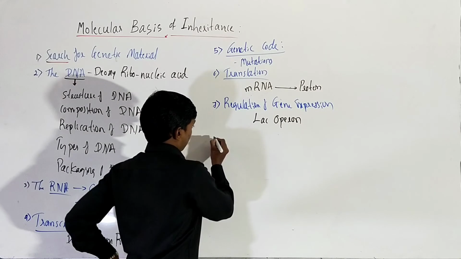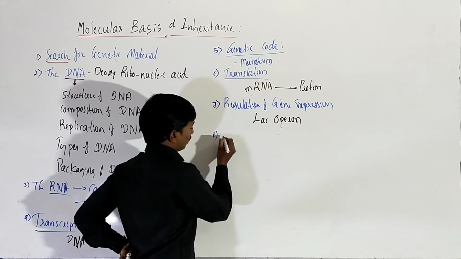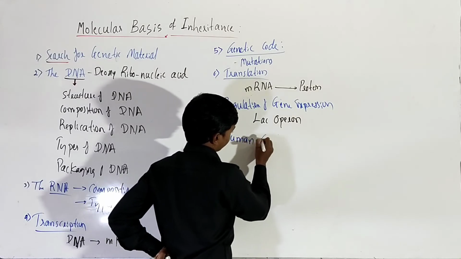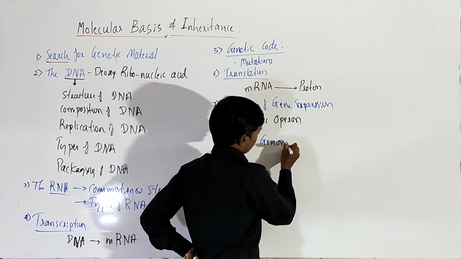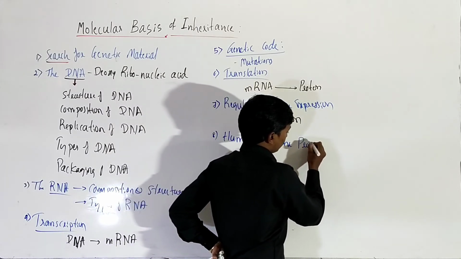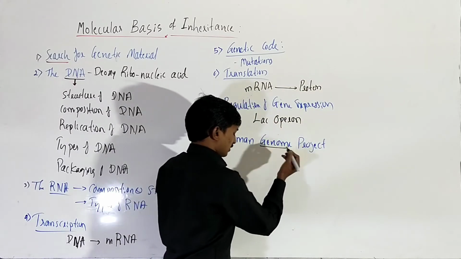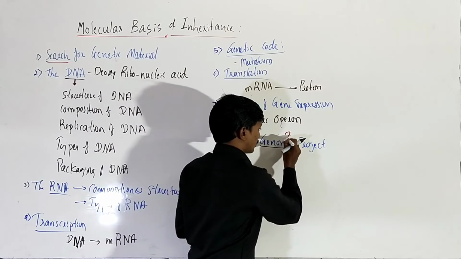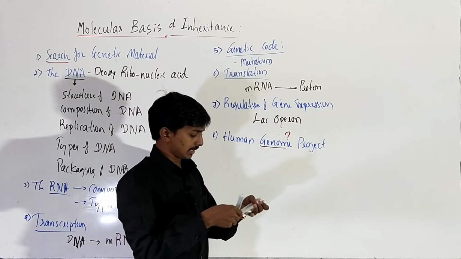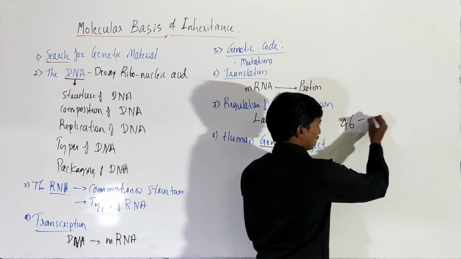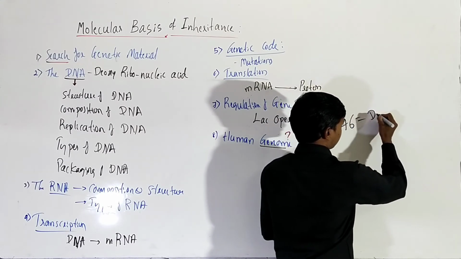And another important concept is the Human Genome Project. It means genome. The question is, what is genome? Hope you all know that we have 46 chromosomes. We refer to that as the diploid number.